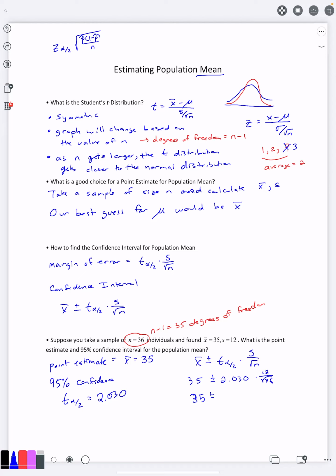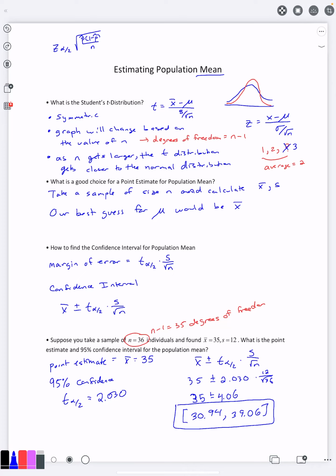And 2 times 2.030 is 4.06. And if I do the adding and subtracting here, 35 minus 4.06 is 30.94, and 35 plus 4.06 is 39.06, and so this right here will give you your 95% confidence interval for the population mean.